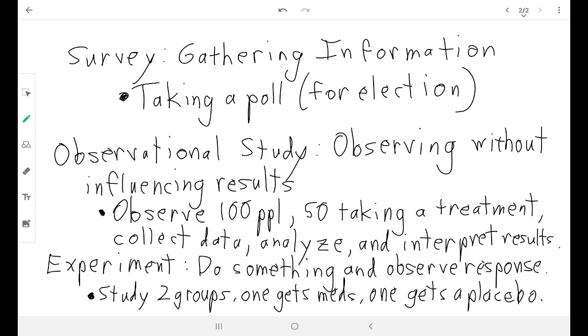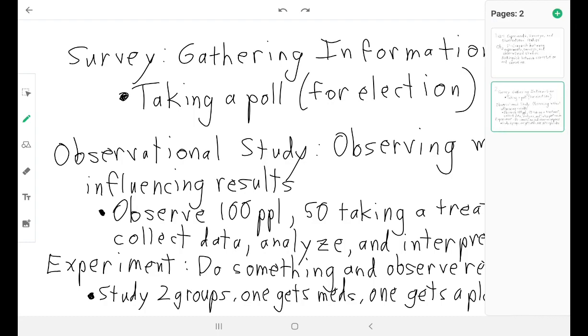You can have a survey where you just very passively gather information. You can have an observational study where you observe something, but you don't do anything to interfere with it. And then you can have an experiment where you do something and actually interfere to see what different results you get as you interfere.